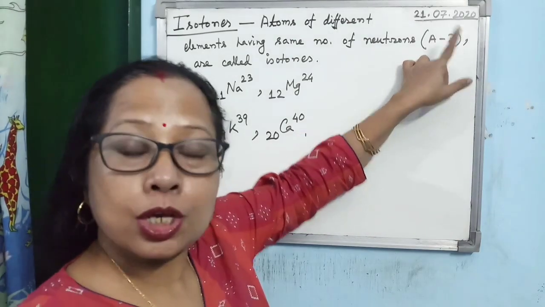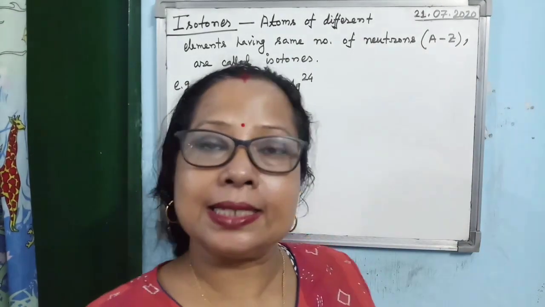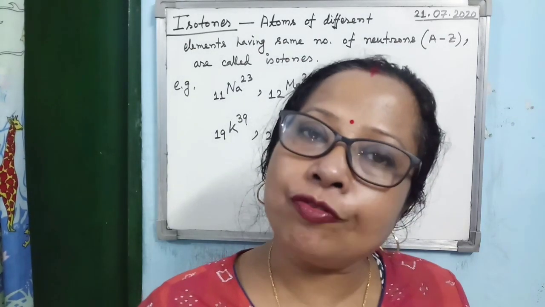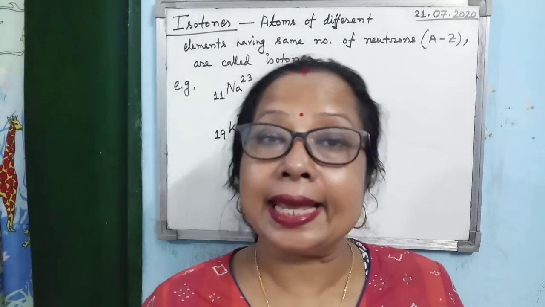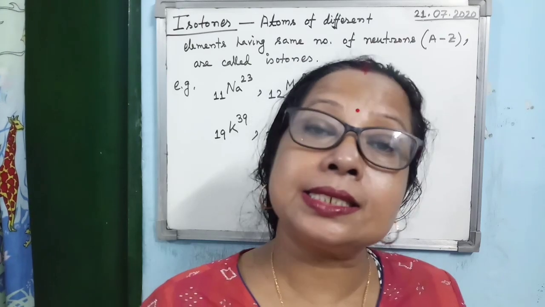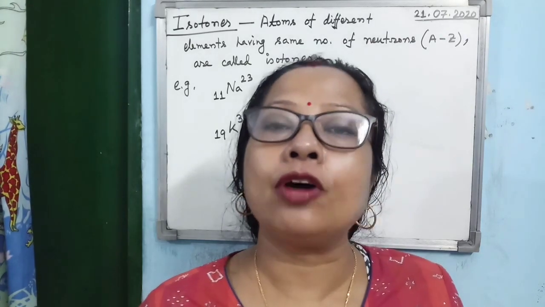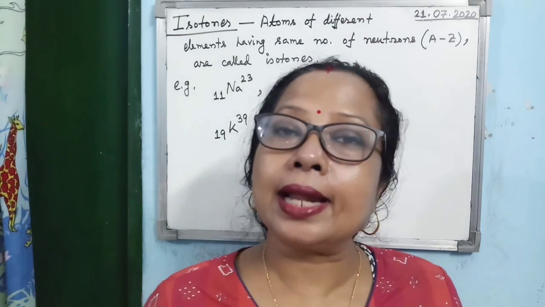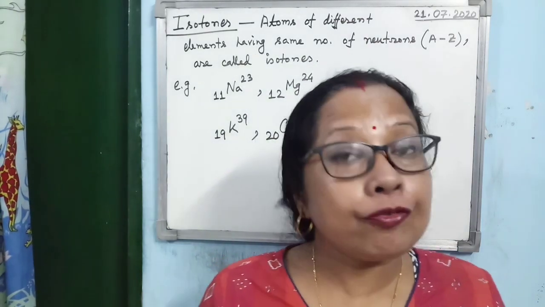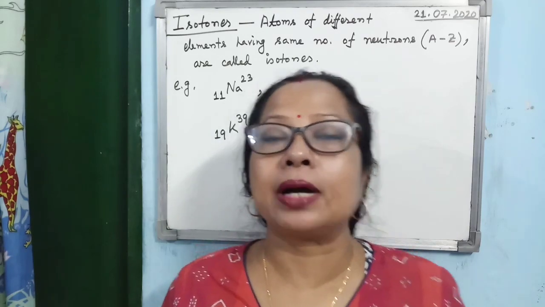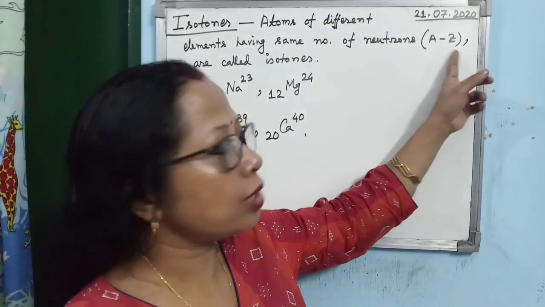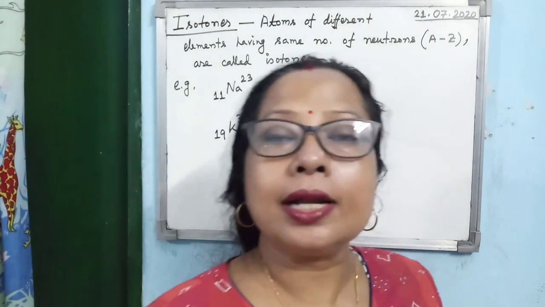A minus Z. So you see these atoms, neither is A the same nor is Z the same. A is different, Z is different, but A minus Z is the same for these atoms of different elements. These are known as isotones. So isotones are atoms of different elements having the same number of neutrons, and the number of neutrons is A minus Z, that's why I have written it within brackets.